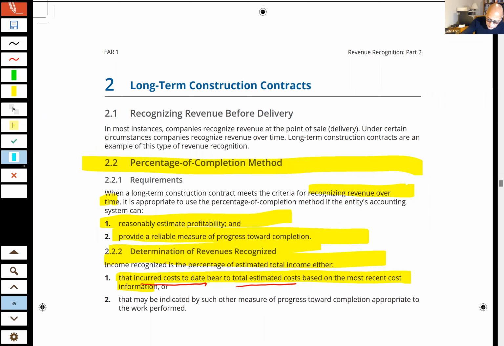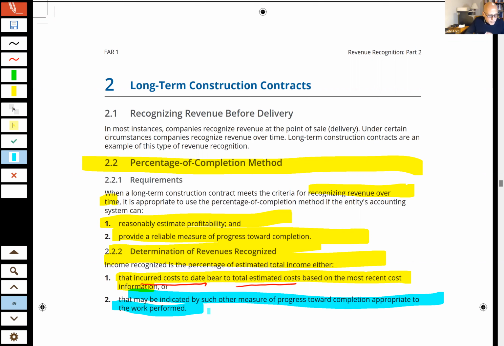And there may be other measures of progress towards completion appropriate to the work performed. You could have engineering estimates and whatnot, but for CPA exam questions, it's going to be cost to cost. That's where we're going to have to focus, okay?